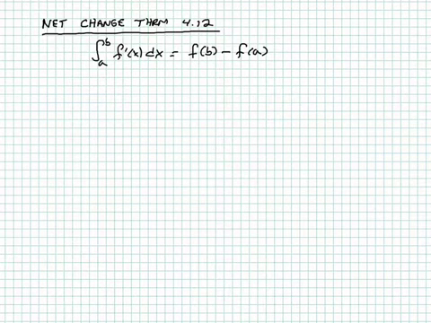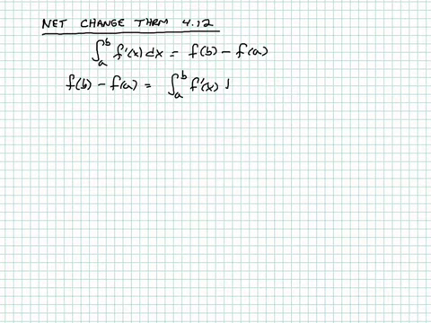Now, for the net change theorem, we just want to look at this in a little bit different way. So what I'm going to do is flip this first. I'm going to write this as f of b minus f of a is equal to the integral from a to b of f prime of x dx. So this f prime of x, we're going to think of as being the rate of f.